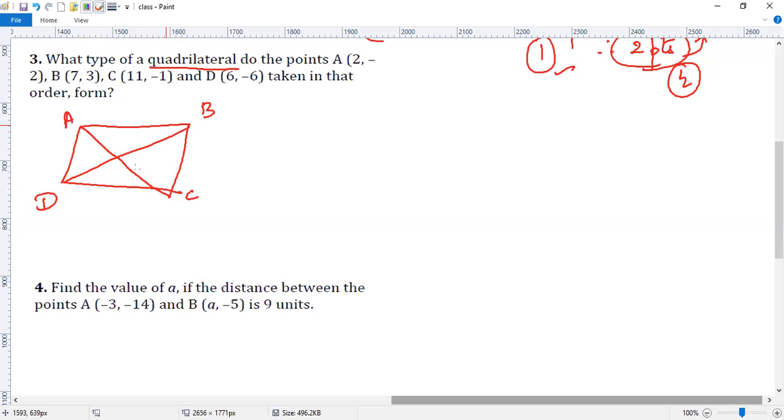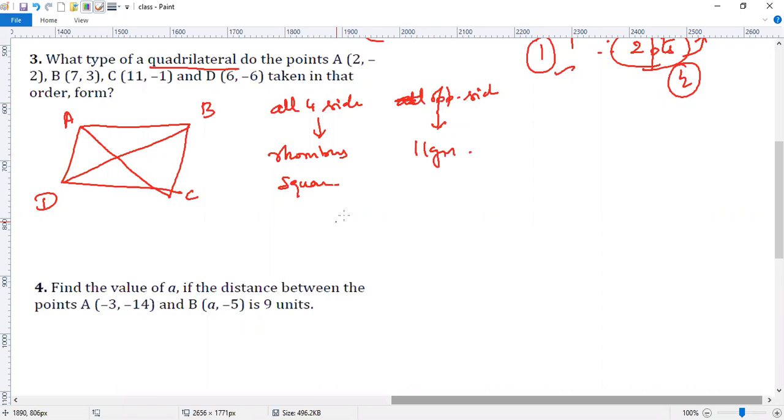If all 4 sides are equal, it could be either a rhombus or a square. If opposite sides alone are equal, it could be a parallelogram.